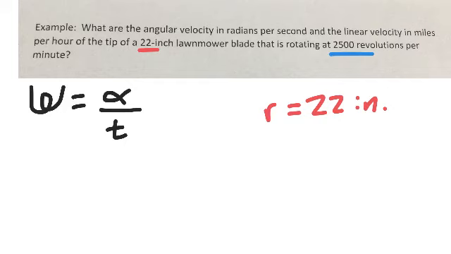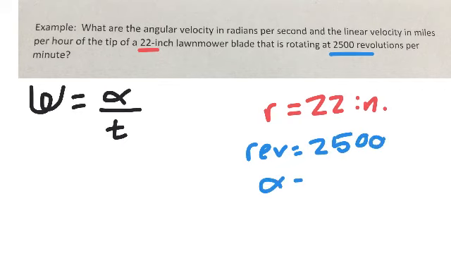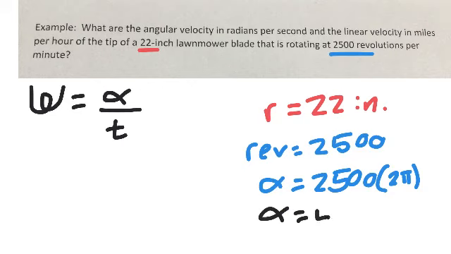So if I did 2,500 revolutions, then how could I figure out my alpha? I'm going to multiply 2,500, the number of revolutions, by 2 pi. So my alpha is 5,000 pi.